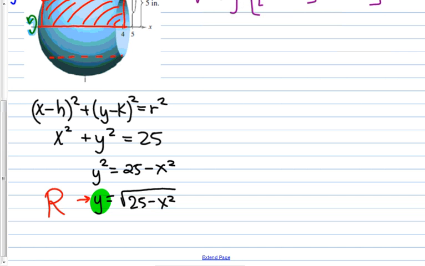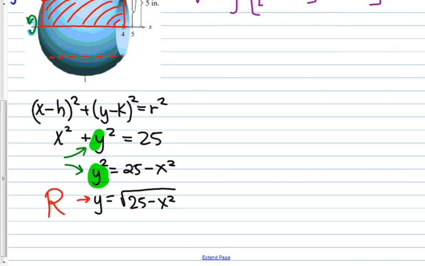So maybe the better idea would be to plug in the 3 here. Right? Or here. It actually doesn't matter. Go ahead and plug in the 3 into one of these. Pick one, whichever one you like. The bottom one is probably the better choice. Although, honestly, it doesn't seem to matter.